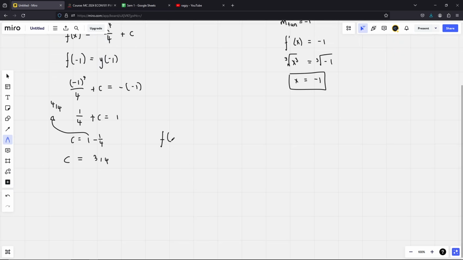So our final answer for f is going to be x to the 4 divided by 4 plus 3 over 4, or you could say 1 over 4 x to the 4 plus 3 over 4. And this is the final answer.